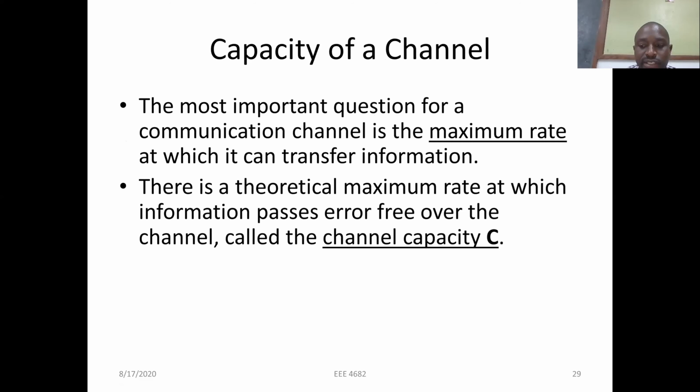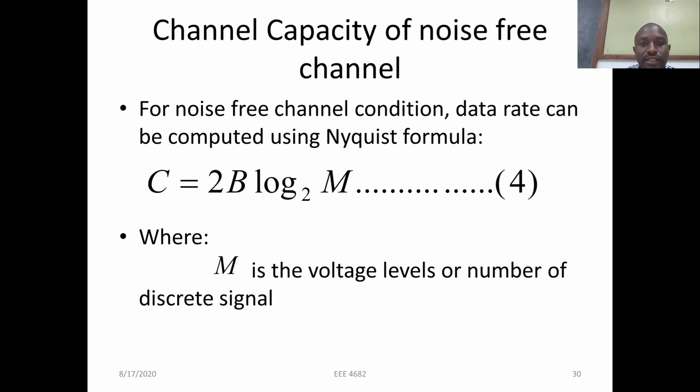Let's talk about channel capacity. The most important question for a communication channel is the maximum rate at which it can transfer information. There is a theoretical maximum rate at which information passes error-free over the channel, called the channel capacity C. Now, the channel capacity of a noise-free channel is given by C equals 2B log base 2 of M, where B is the bandwidth, M is the number of discrete signal or voltage levels, and C is the channel capacity.